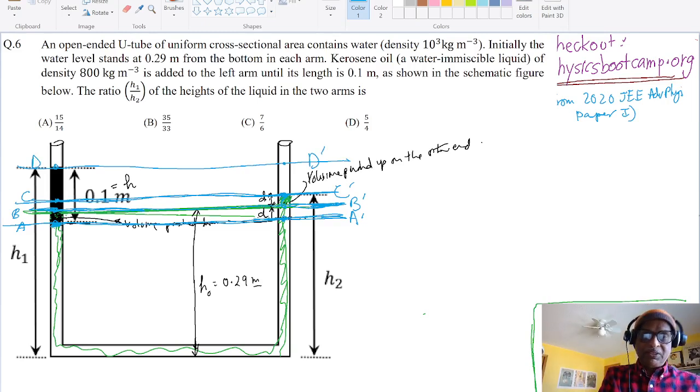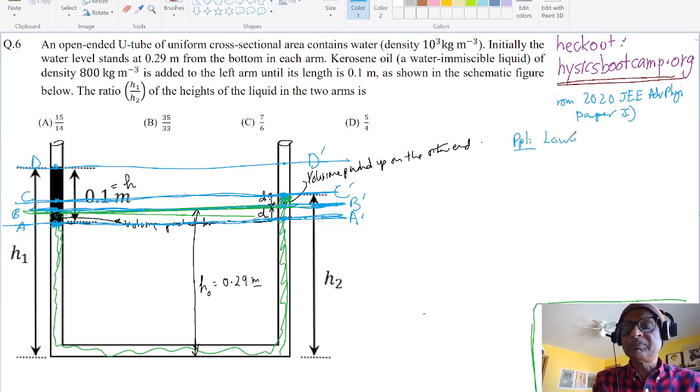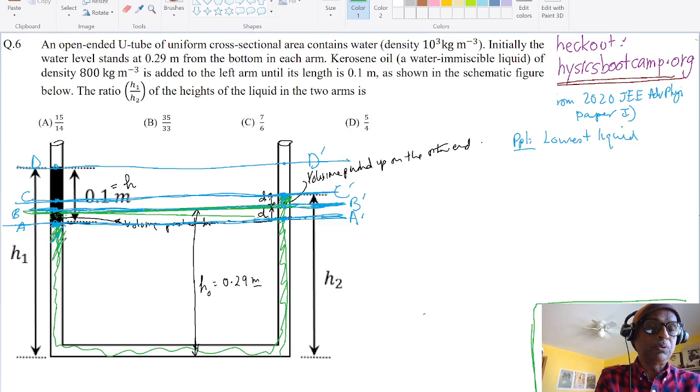Now it turns out that if you stay in the same liquid, here's the principle: the lowest liquid, which is the H2O here, the green liquid, is the lowest liquid.